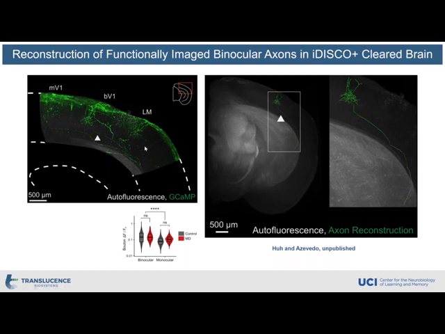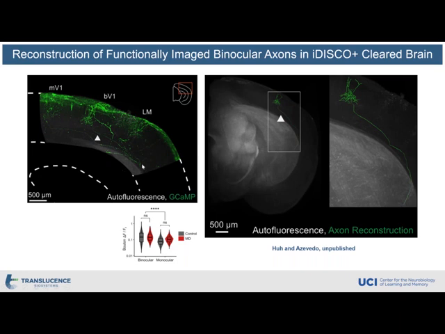And so what you can see here is a pseudo-coronal section of that hunk of tissue in the visual cortex, with the binocular visual cortex shown here. And here's the cortical plate, and here's the pial surface.